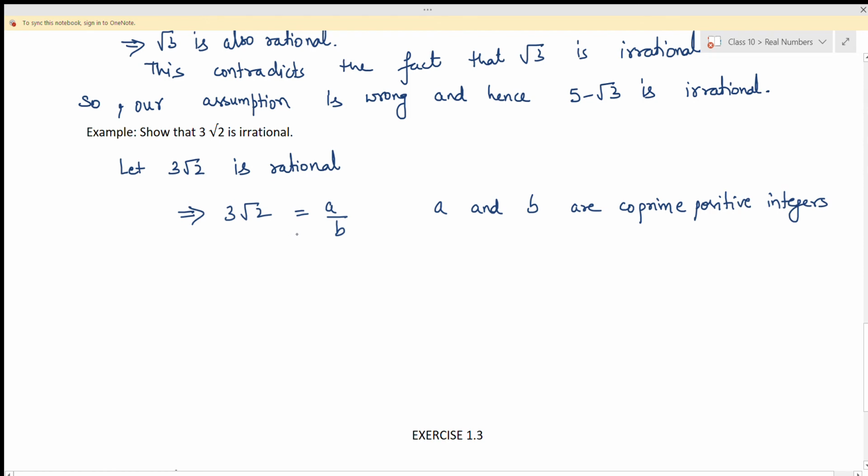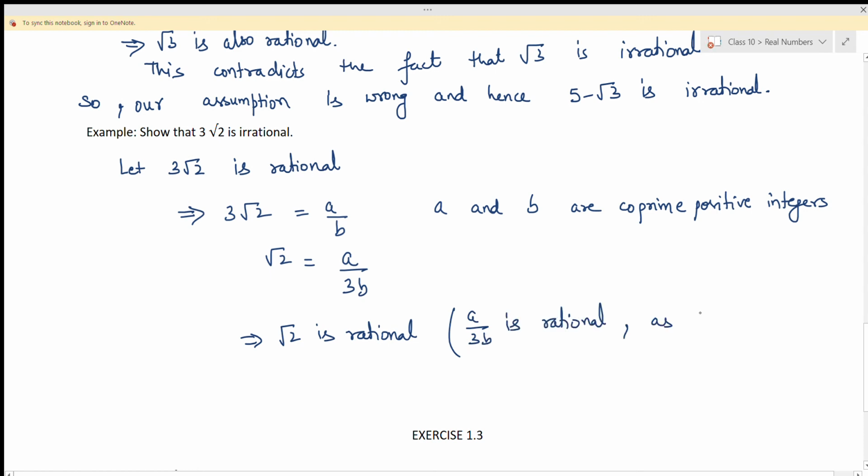I'll take root 2 on one side and it will become a by 3b. Now this implies that root 2 is rational. Why? Because a by 3b is rational, as a and b are integers.